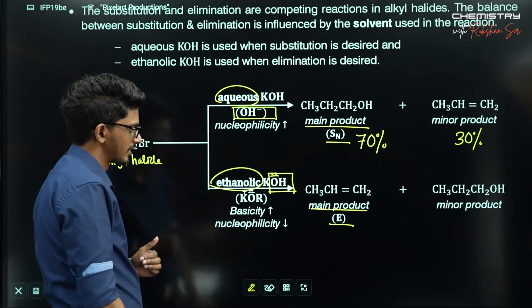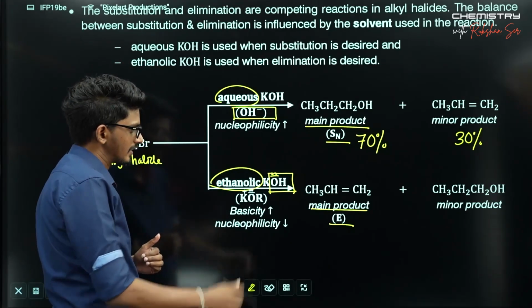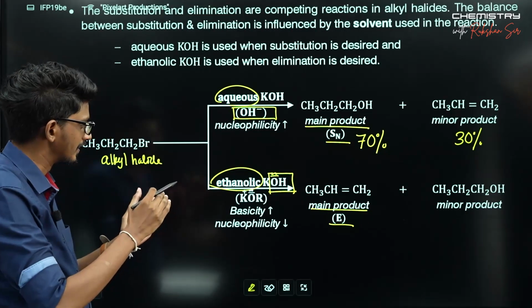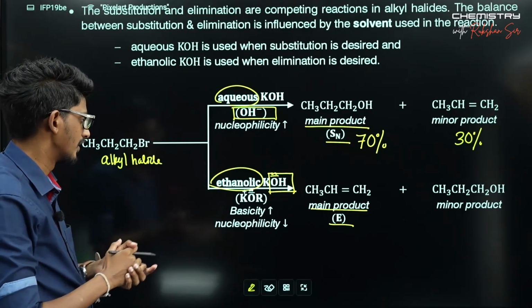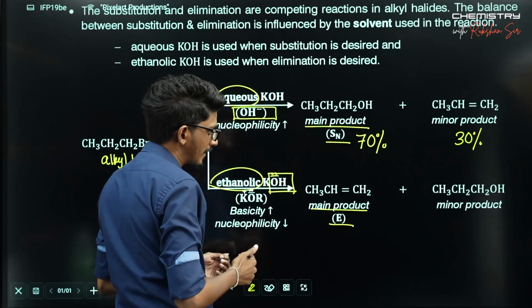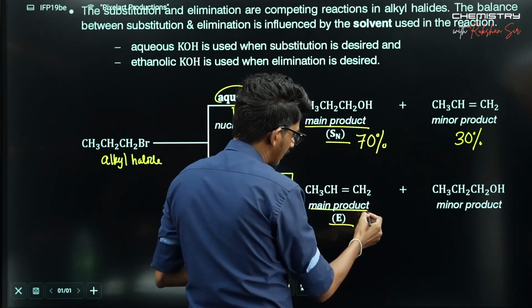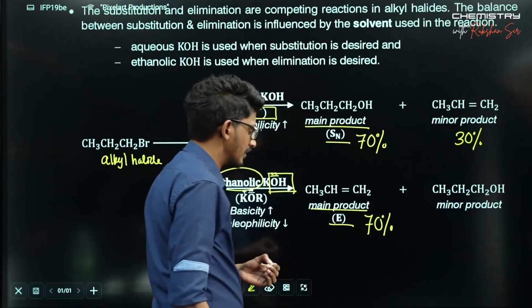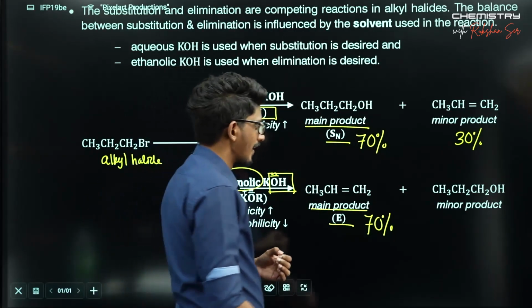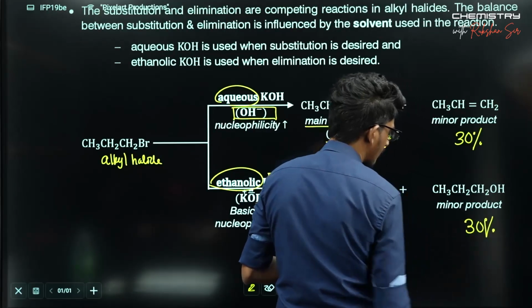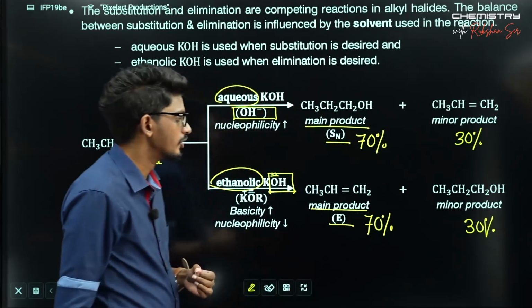And if you are to use KOH with another solvent like an ethanolic medium, you will observe 70% of alkene, which is the elimination product, and some 30% of alcohol, which is the nucleophilic substitution product.